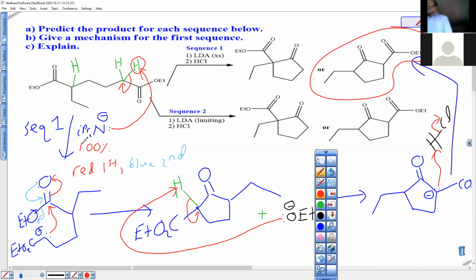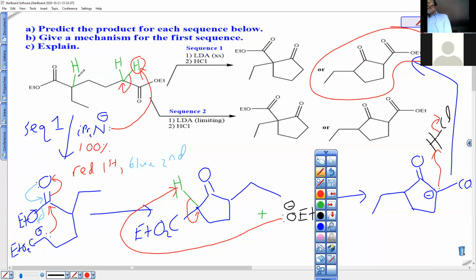In the next reaction, you're going to generate less than a quantitative amount of the original enolate, the same enolate, because it wasn't 100% reaction, it's a 90% reaction. That means 10% of this is still unreacted. That C minus, instead of doing this, is in equilibrium by grabbing this H with the other enolate, which is more stable.